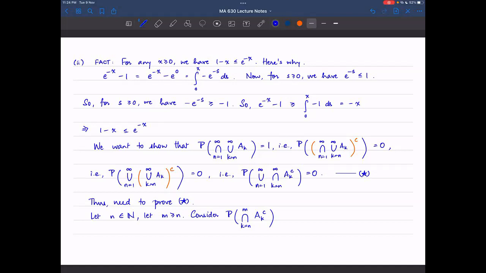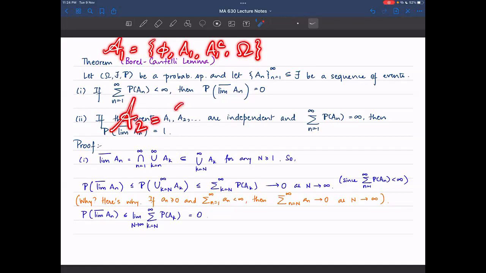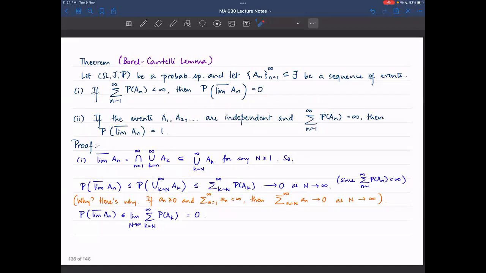And now we talk about independence of sigma algebras. Remember, if we say that the events A1, A2, dot, dot, dot are independent, what that's saying is that the sigma algebra of A1, which consists of the empty set, A1, A1 complement, omega, the sigma algebra of A2, which consists of the empty set, A2, A2 complement, omega, the sigma algebra of A3, dot, dot, dot, all these sigma algebras are independent.